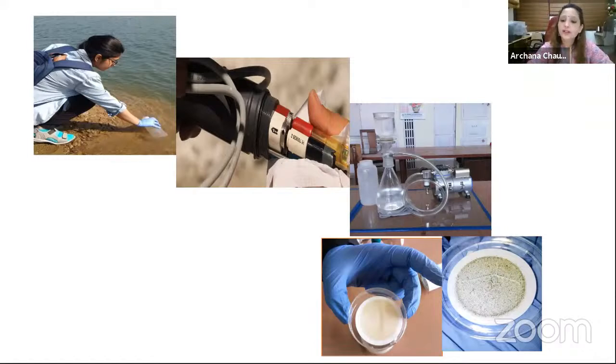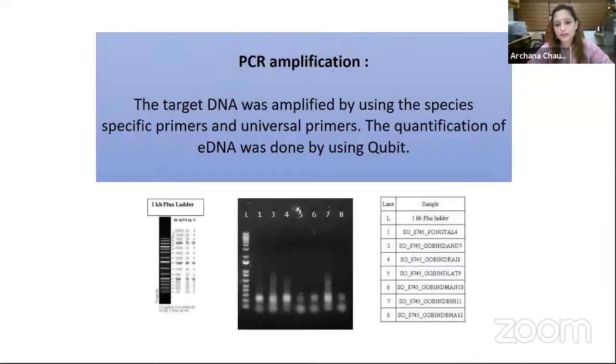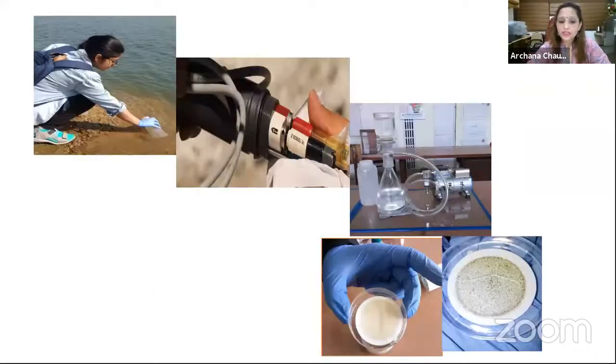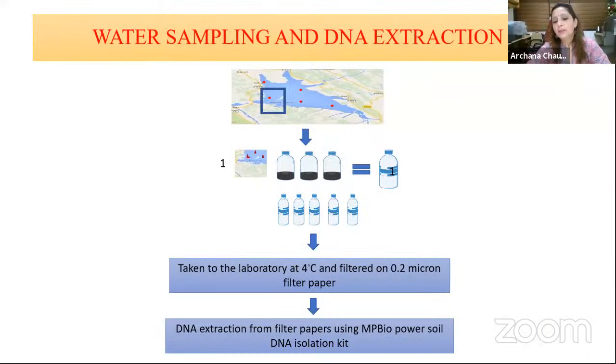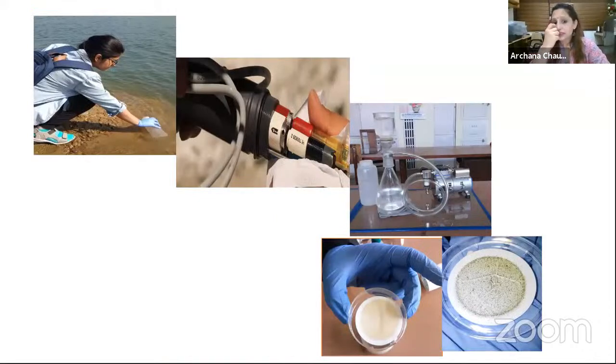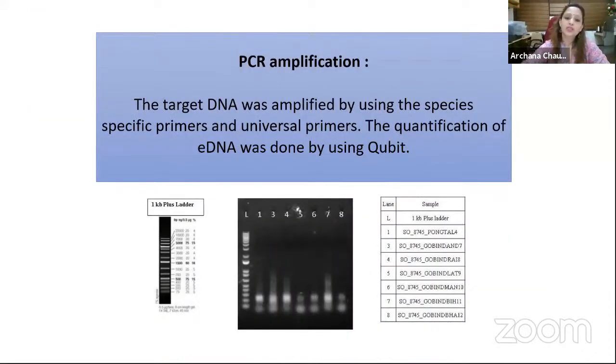After filtration, once we had the filter paper, we isolated the DNA from it. The DNA was extracted using the MP Bio PowerSoil Kit. And when we isolated the DNA, PCR amplification was carried out using the specific primers, in order to check whether the DNA that we had extracted has any inhibitors in it that would interfere with the PCR amplification. The gel picture is not here.